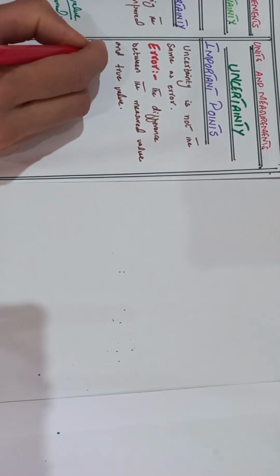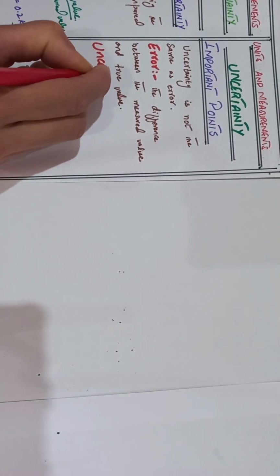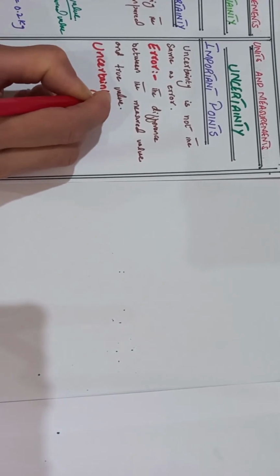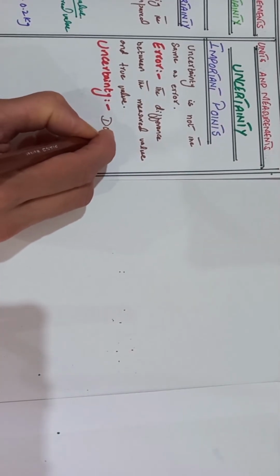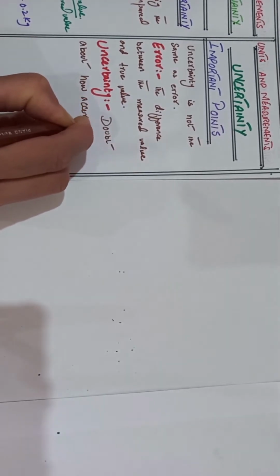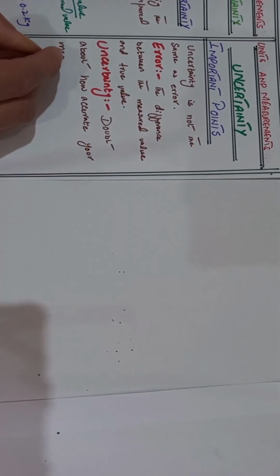What is uncertainty? Uncertainty is doubt about how accurate your measurement is.